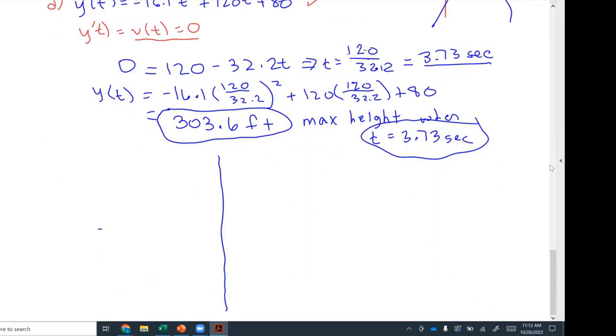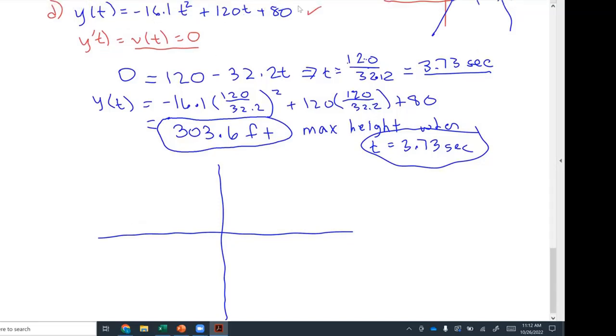When I say sketch a graph, I mean sketch a graph. What do we know? Well, we know that if this is my original function, when t equals 0, it's going to be at 80 feet high. My y-intercept is here at 80. And then at, let's call this 3 seconds, and we'll call this 4 seconds.